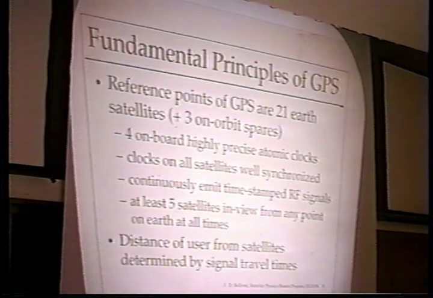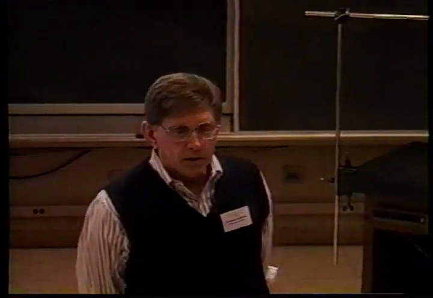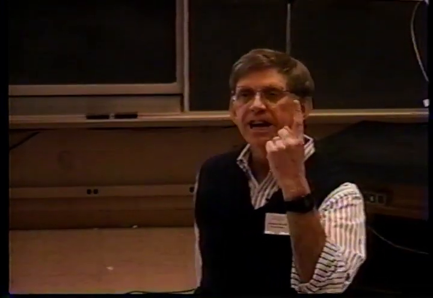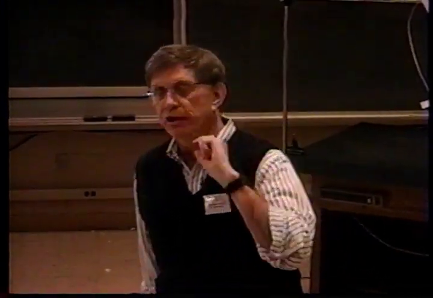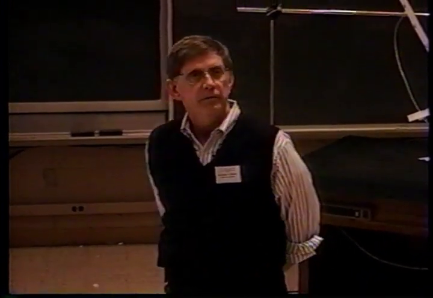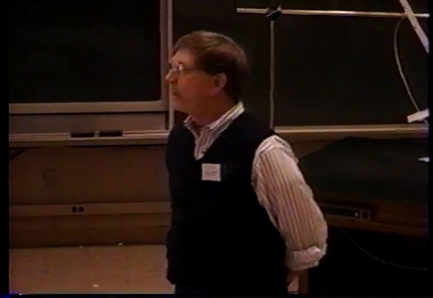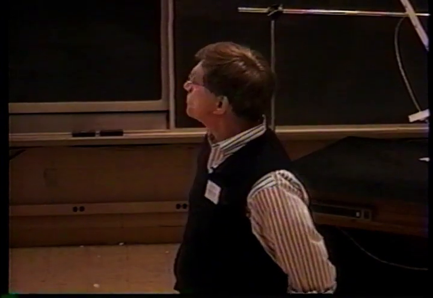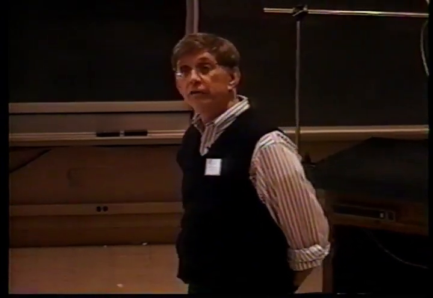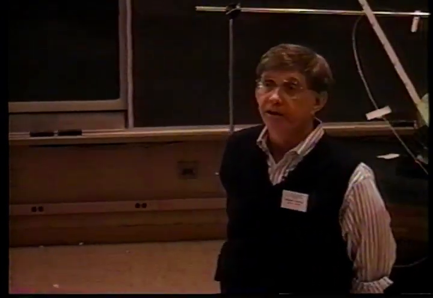Each one carries 4 very precise clocks, atomic clocks, which I won't explain in detail, but the key thing is that the clocks are a frequency standard or a time standard, a transition between 2 levels of the cesium atom or the rubidium atom. There are 2 cesium clocks and 2 rubidium clocks, only one of which is operating at a given time. It's not that they vote.